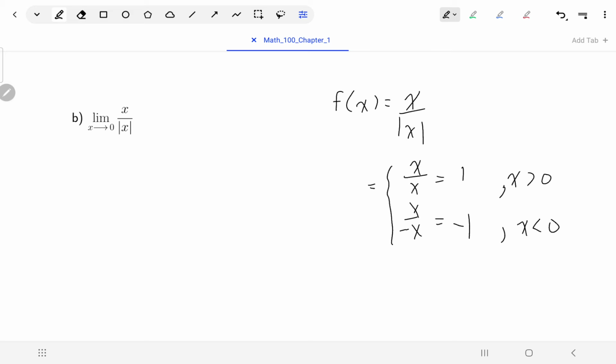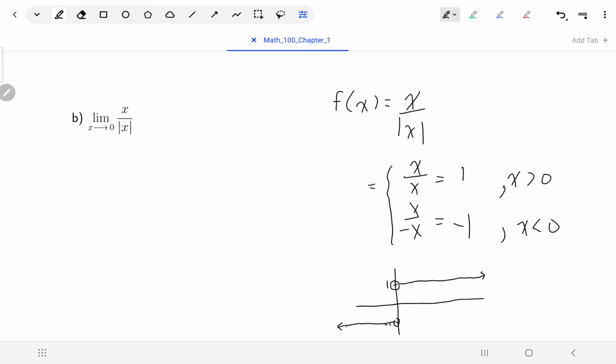That'll be negative 1. And then we will have something where the graph looks a little something like this, where on the right side of 0, you've got a horizontal line with a y value of 1, and on the left side of 0, you've got a horizontal line with a y value of negative 1.